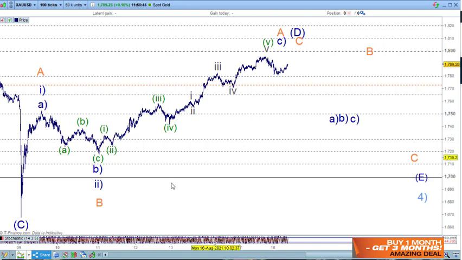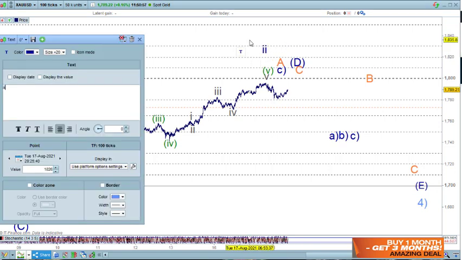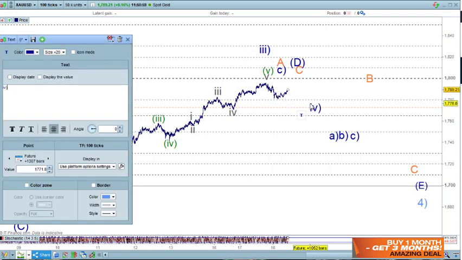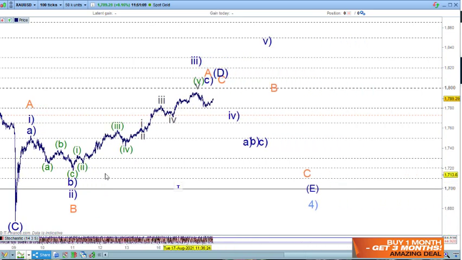But the takeaway here is that we've got wave 1 here and 2 here. Let's play this out for a moment. Let's say that we get this as a wave 3, then a wave 4 and a wave 5, then we would have an impulse wave to the upside, 1, 2, 3, 4 and 5.